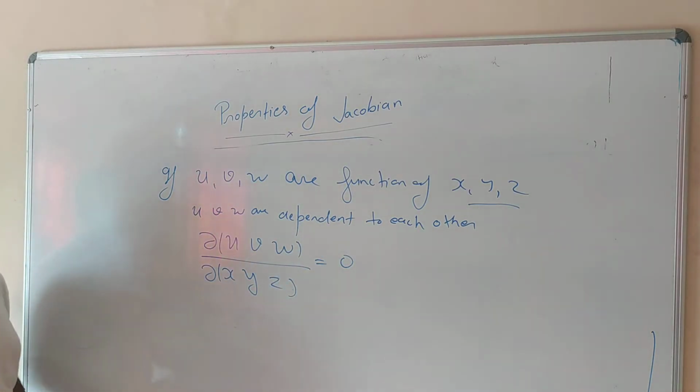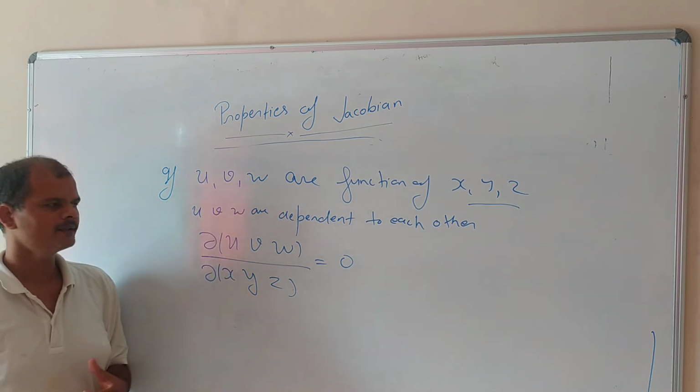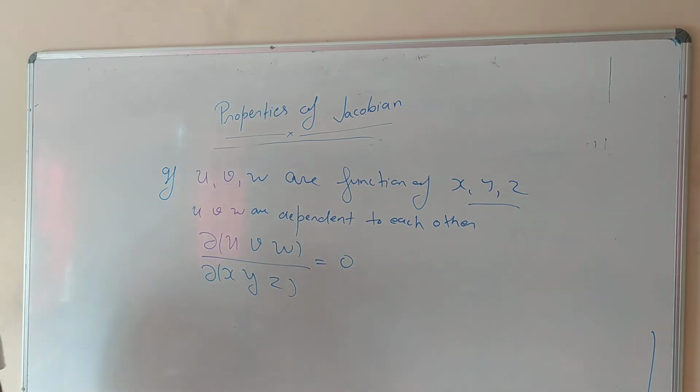So when u, v, w are dependent to each other, the Jacobian will be 0. And if they are independent, the Jacobian will be non-zero. Okay, let us take one example.